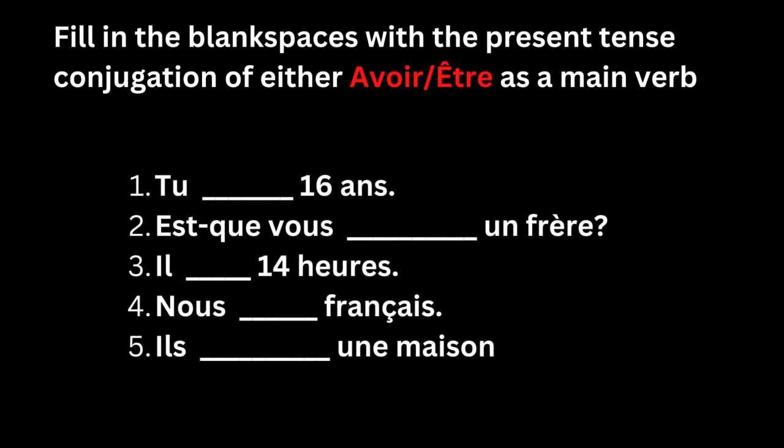Remember, the first question there, tu as, sorry, I'm already giving you the answer, but yes, the answer is from avoir, because we use avoir to say our age and not être. Okay, now you try the rest.